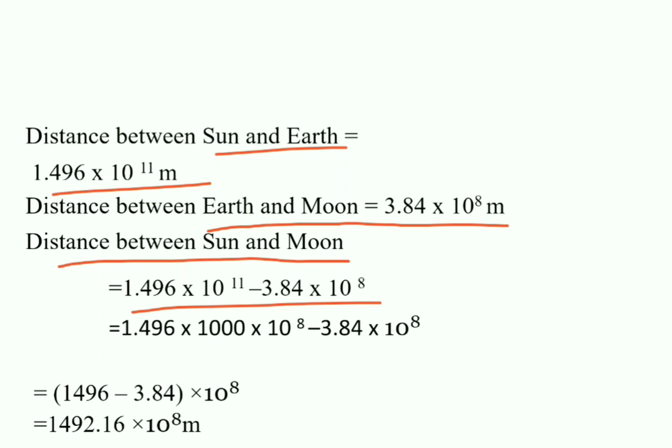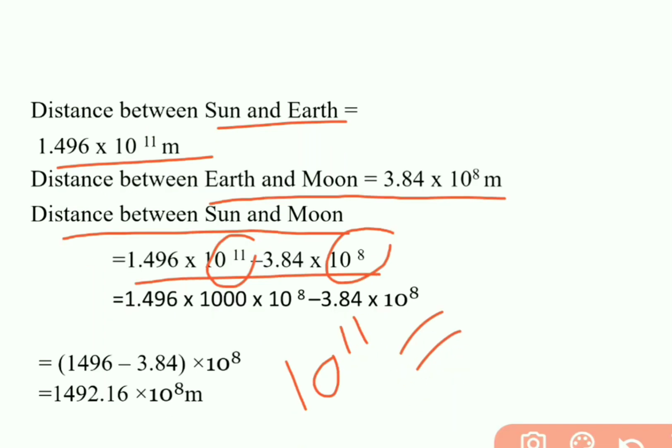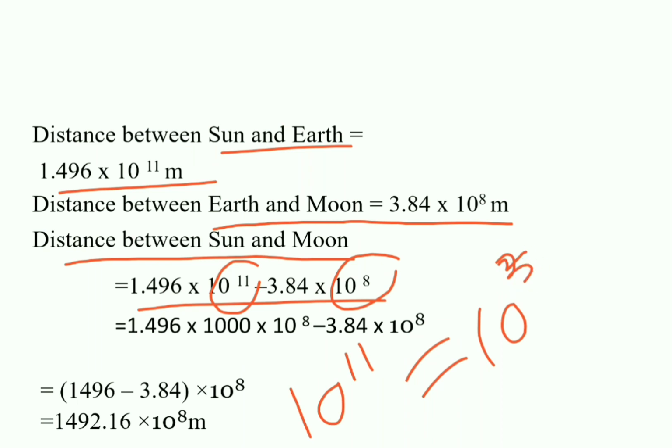So here the exponent is 11 and here the exponent is 8. So convert the bigger exponent, that is 11, in terms of the smaller exponent, that is 8. So 10 raised to the power 11 can be written as 10 raised to the power 3 into 10 raised to the power 8.